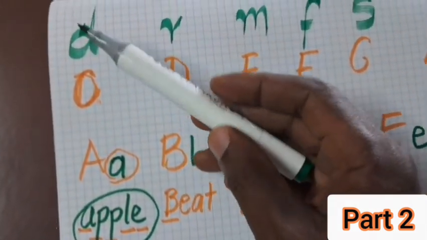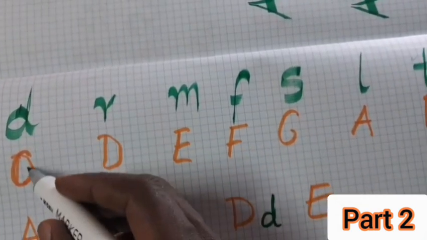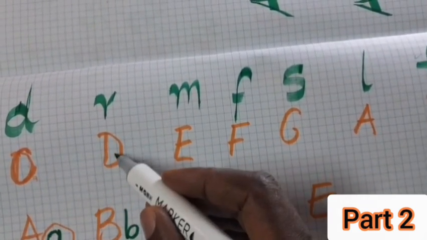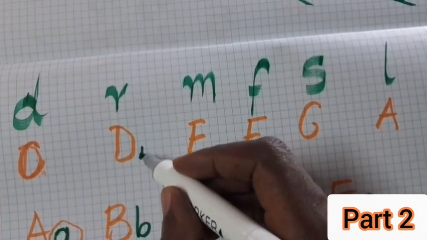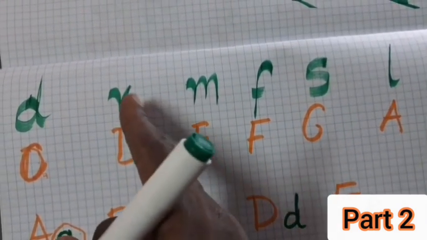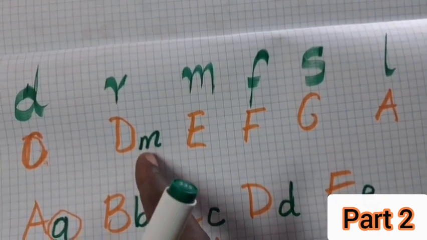Now, in order to help us read this well, C remains C, but D is no longer D, because for it to sound like re, it becomes D minor.